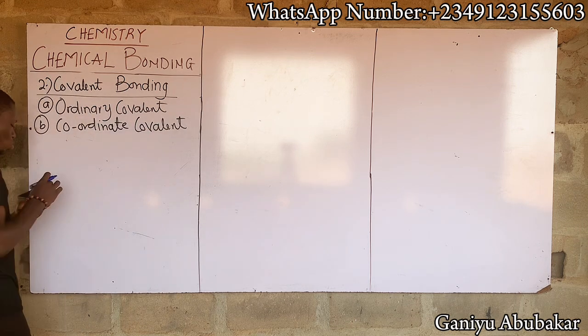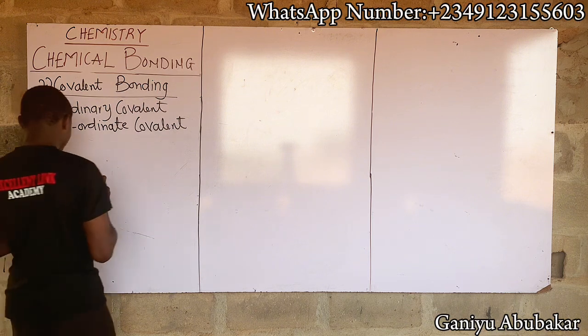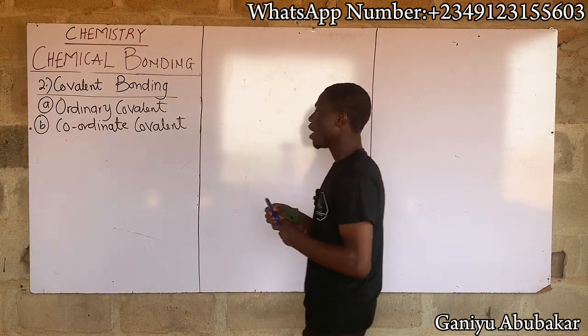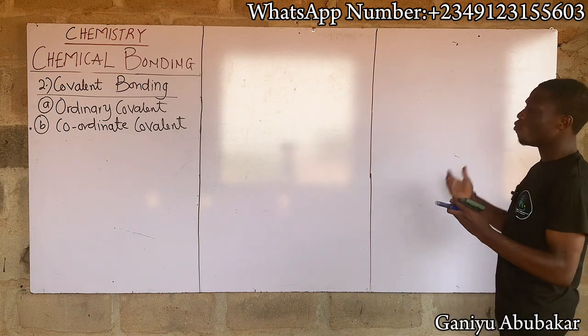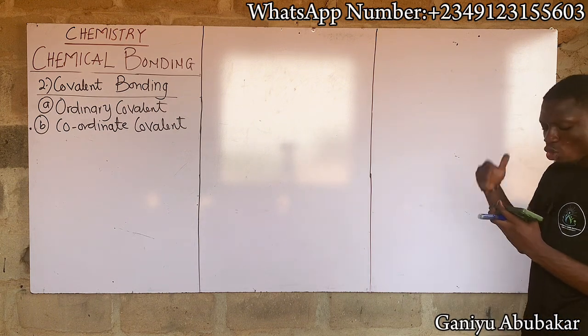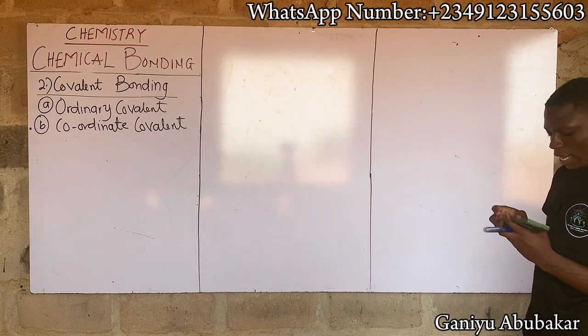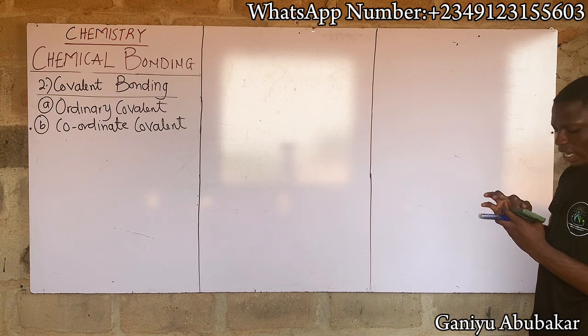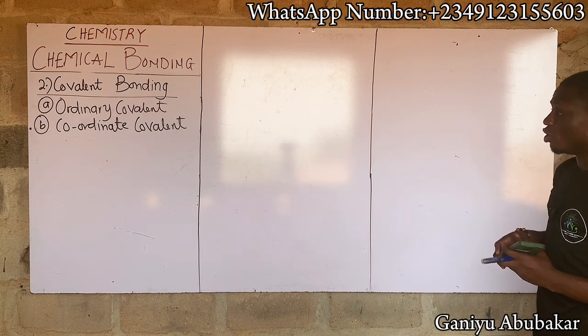So these are the two types of covalent bonding that we have. Let's look at these types of bonding one after the other.